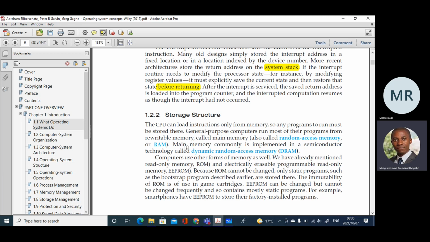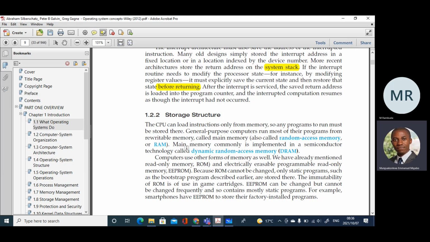So when it comes to general purpose computers, most of the programs are run from RAM, but they don't stay in RAM, because if they were to stay in RAM, that would mean that when power is removed from the computer, the program would be lost. So the CPU fetches the instructions from ROM and loads them in RAM and executes them from RAM, which is often known as main memory for that reason.